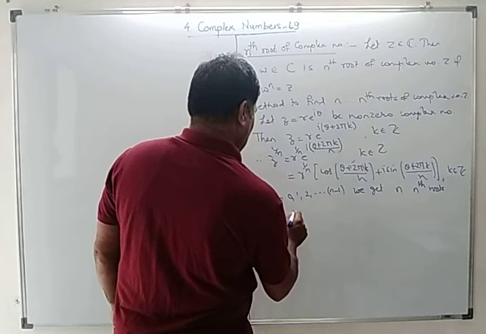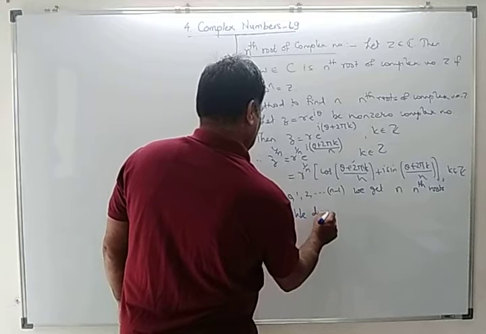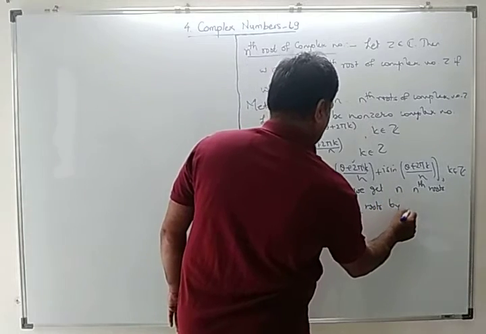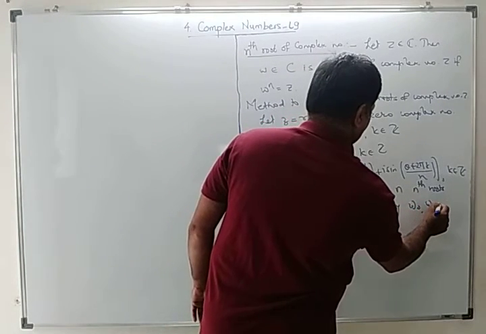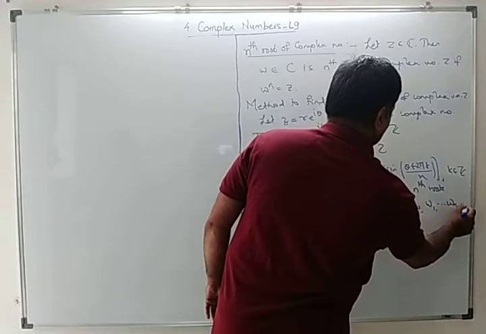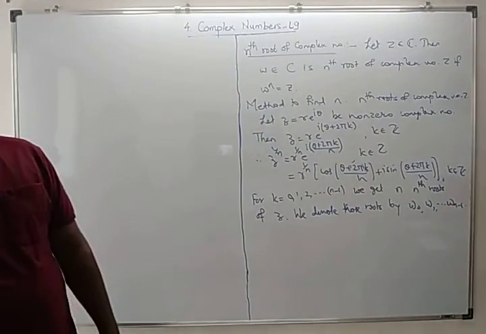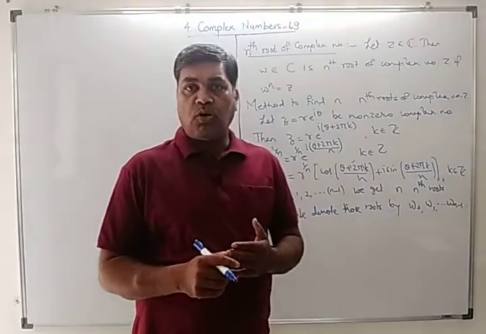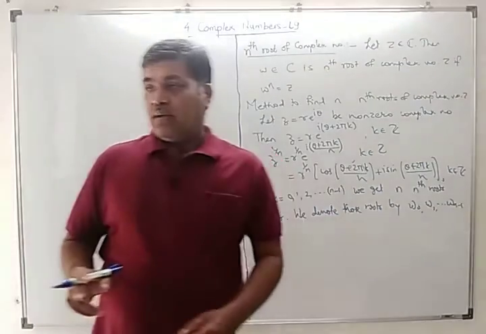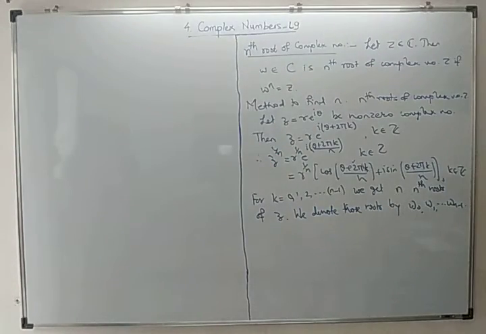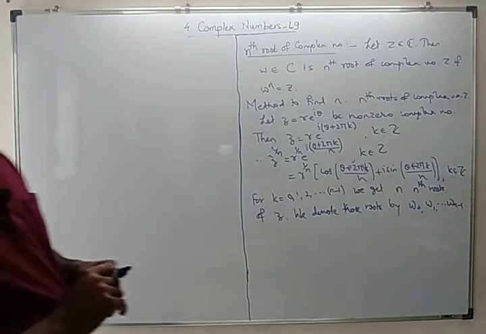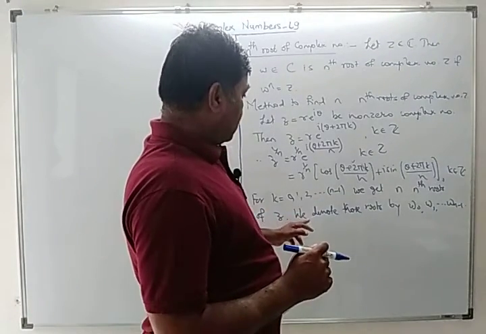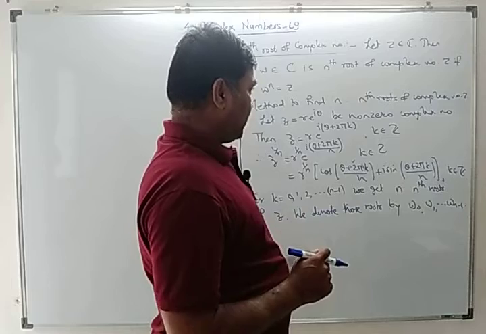We denote those roots by w0, w1, up to w n minus 1. So what we will do is express the complex number z in exponential form and then in polar form. We get n distinct nth roots of z.